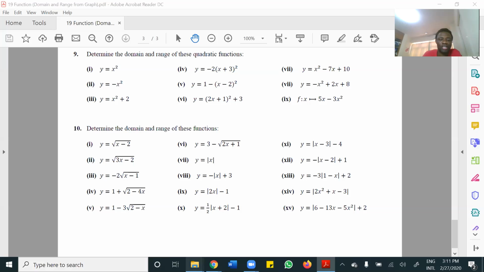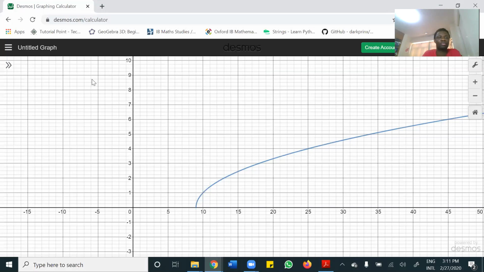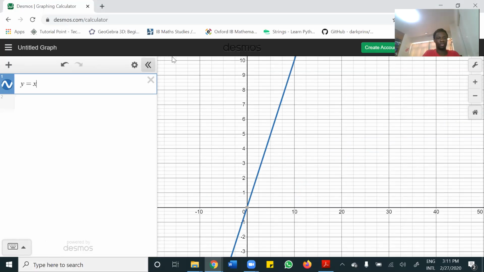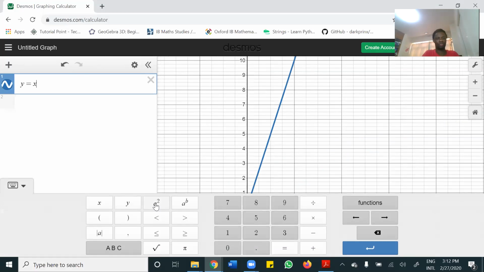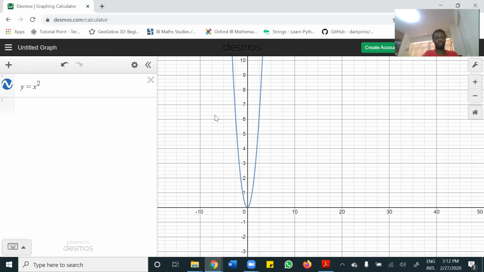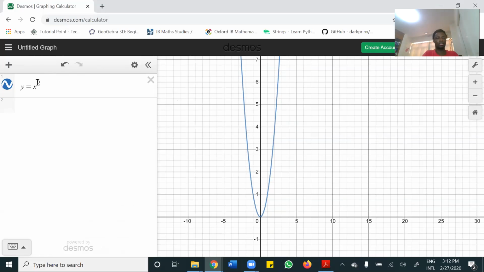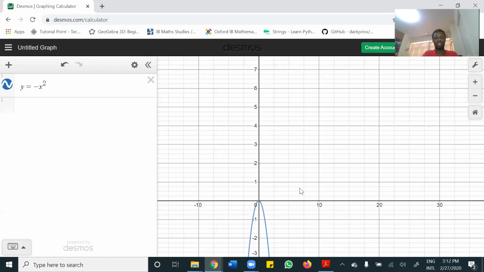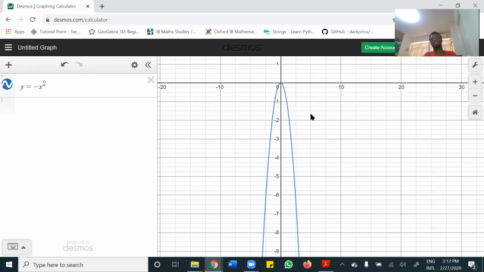And it can be easily seen in the graph. So if you put here x squared, this is the graph of x squared. So let's see what happens when you put a negative. This is the graph of negative x squared. All right, so just like you said.